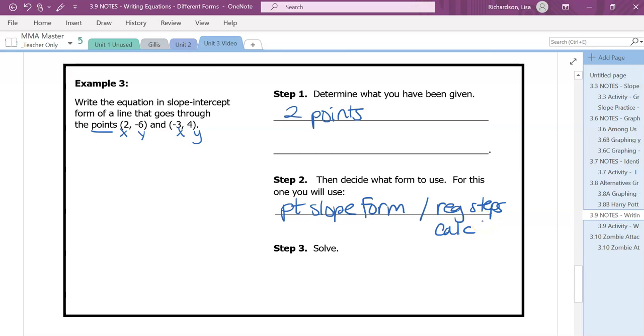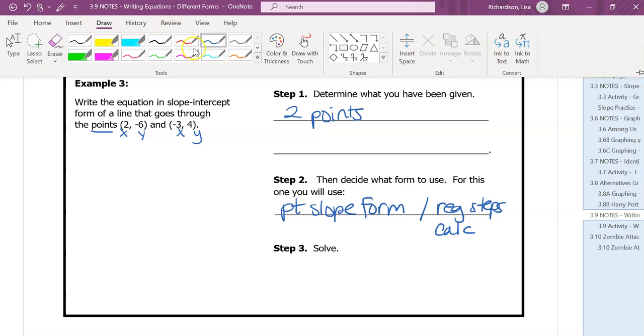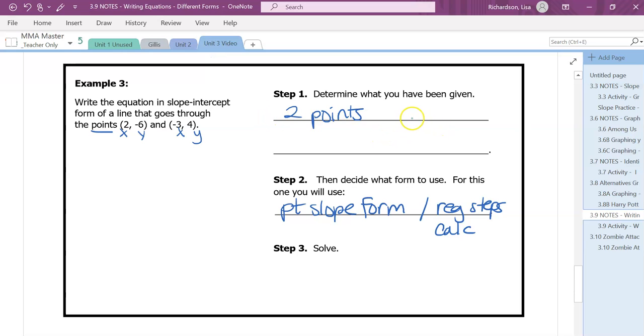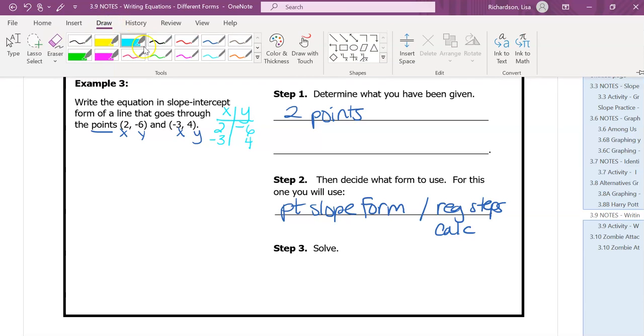So the first thing I need to do is, I've been given 2 points, and I have to find what the slope is between those 2 points. We have done multiple days of practice of this. So with those 2 points, I'm going to come over here, set up a t-chart, and plug them in. They go in horizontally: 2, -6, -3, 4. And we're going to set up and do this slope.